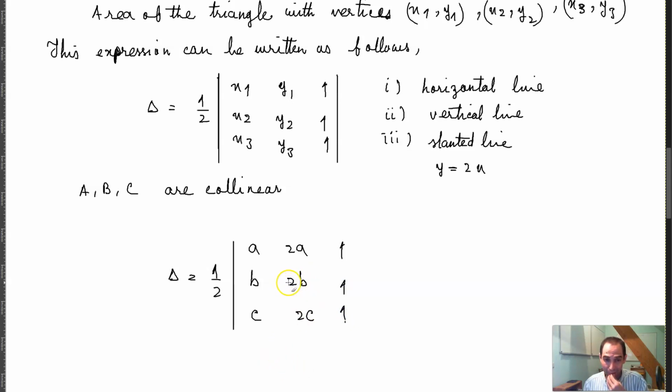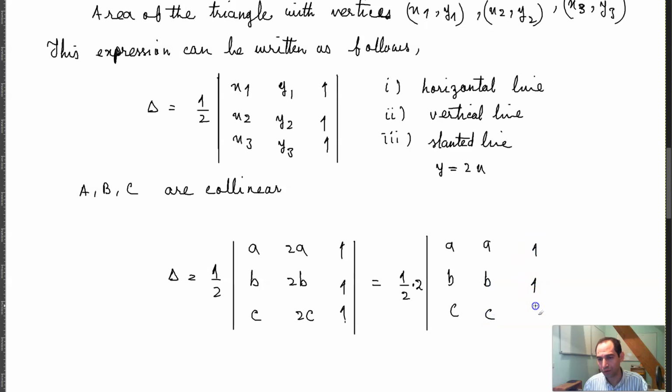And what that means is that now all of the corresponding elements of the first column and the second column of this determinant are in the same ratio, and therefore you can basically write this as 1/2 times a, b, and c, take this 2 out, write it times 2, and this becomes a, b, and c, and this becomes 1, 1, and 1.